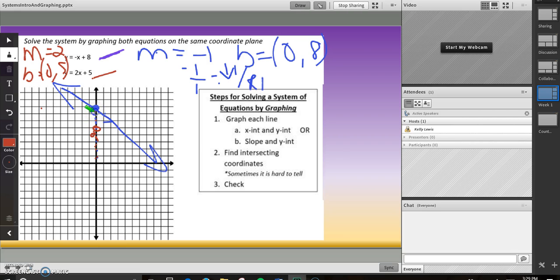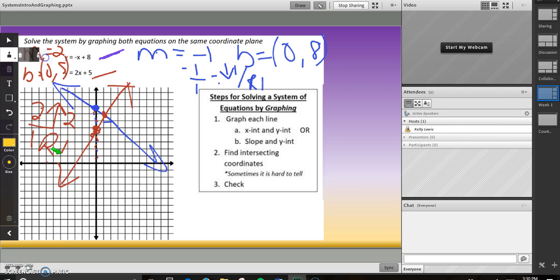Okay, and then we go up 2 over 1. And so that line is that guy. And so this slope means 2 over 1. So you're going to go up 2, right 1, which is why I did that.